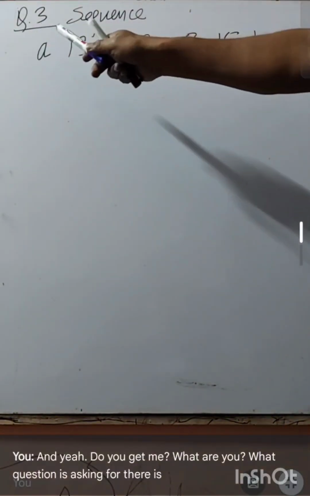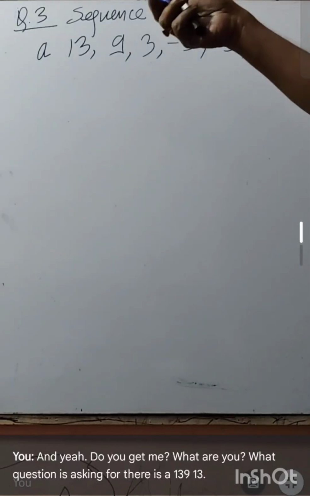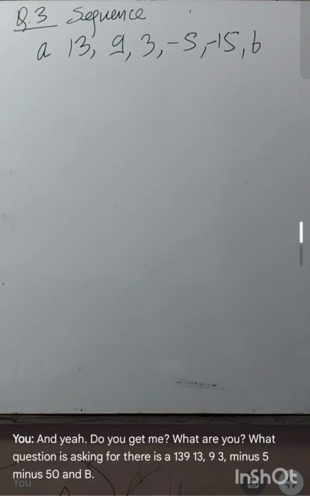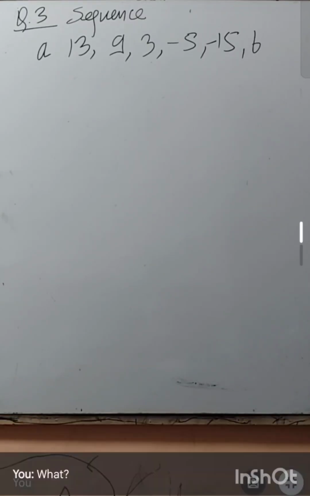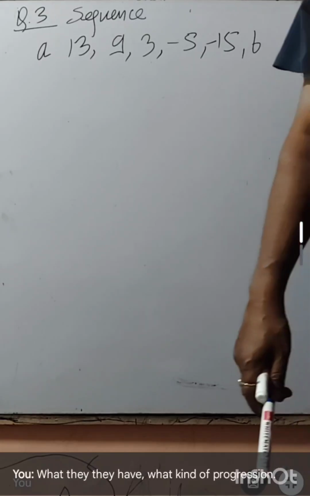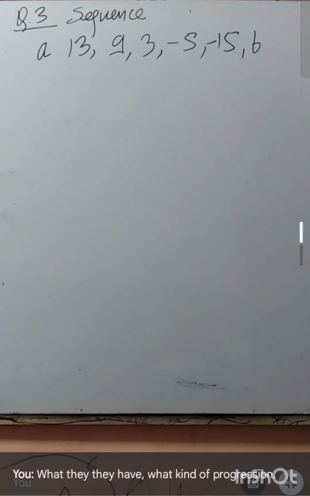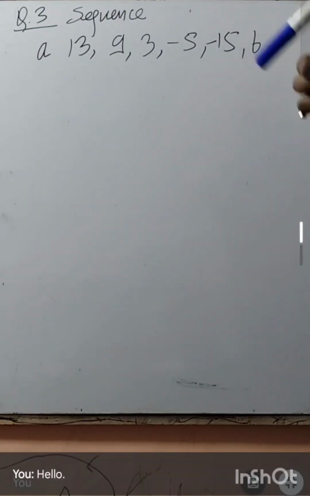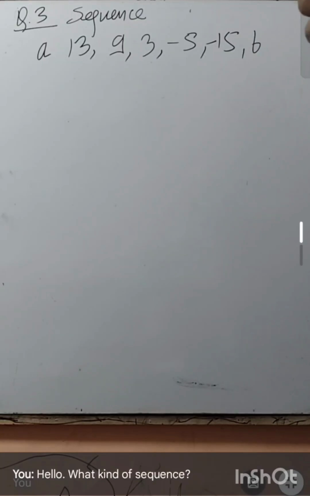There is A, 13, 9, 3, -5, -15 and B. So how do we get them? What kind of progression do they have? What kind of sequence?